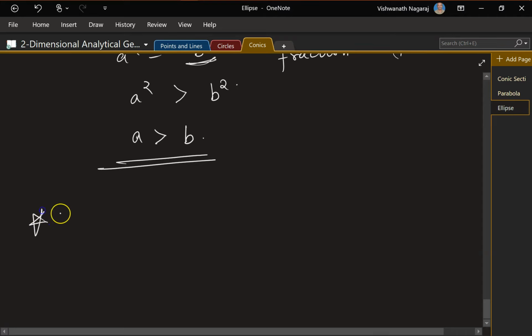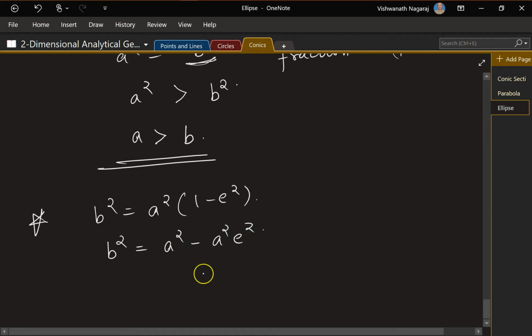Okay, another important aspect, b square is equal to a square (1 minus e square). Now what will be e? That is what we will look at. So a square minus a square e square. We want e, so let's take the rest to the other side. Let's bring a square e square to this side and b square to that side.